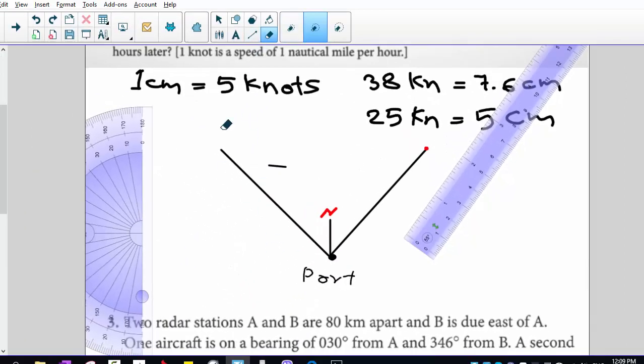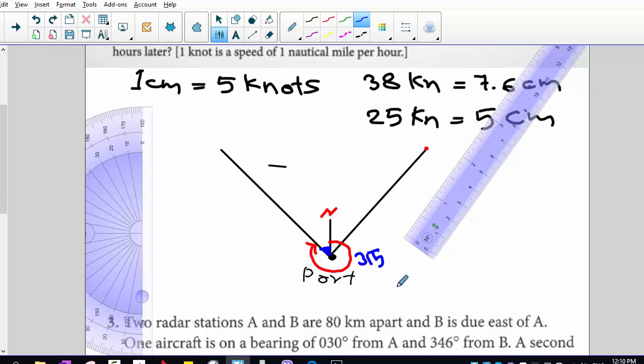What does that mean? It means this angle from here all the way to here is 315 degrees because bearing is always clockwise, and what's remaining in this gap is 45 degrees. So indirectly we draw the 315 degrees.